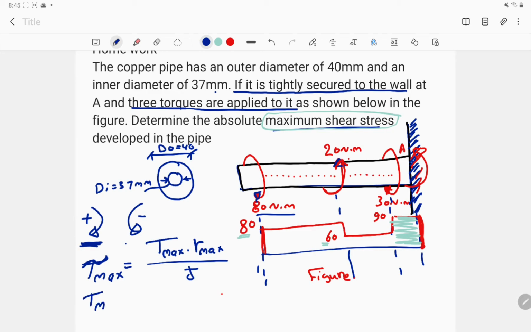T maximum, which is the maximum torque applied on the pipe, is 90 Newton meter. R maximum is the maximum diameter divided by 2. The maximum diameter is of course 40, so 40 over 2 is 20 millimeter.